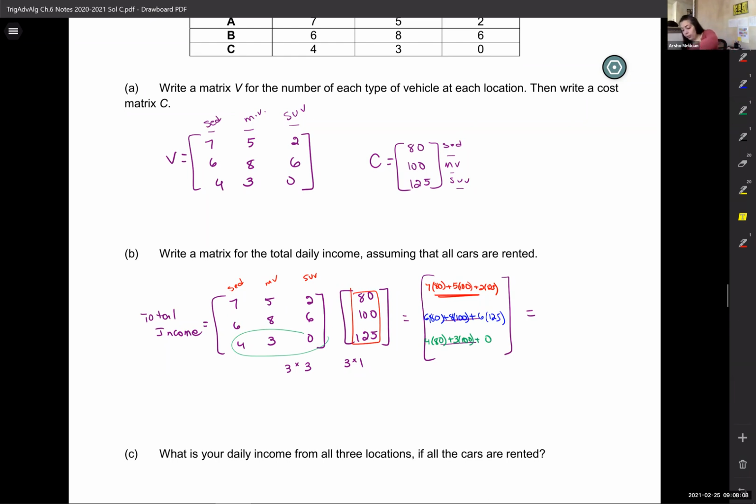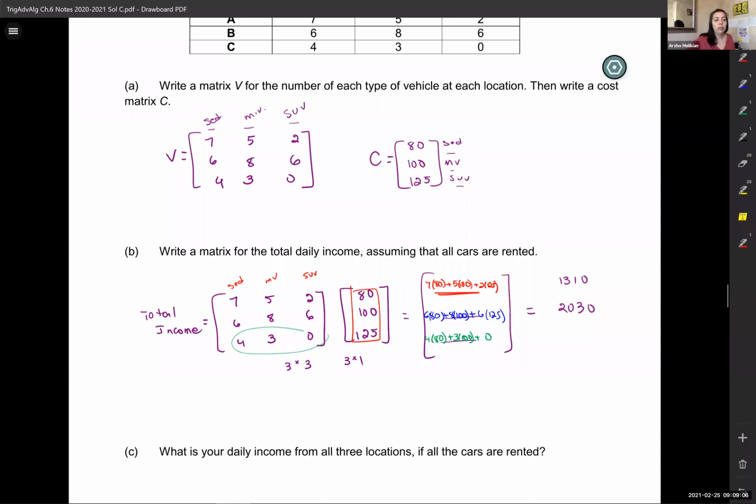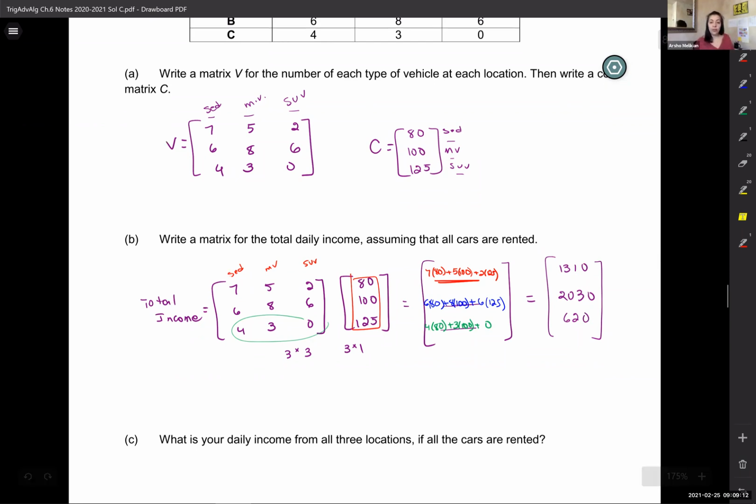All right, so let's multiply these out. What do we get here? Okay. So what does this represent?